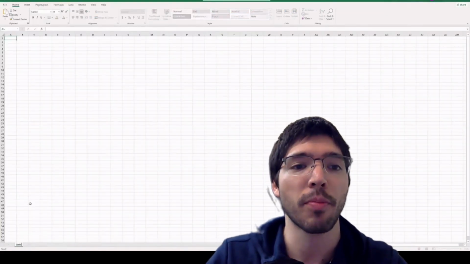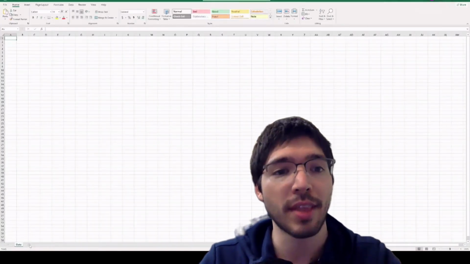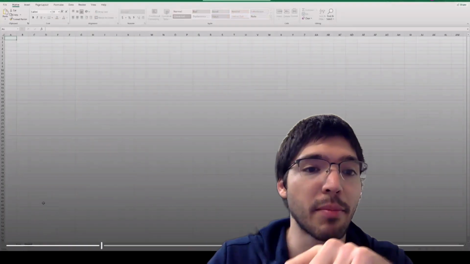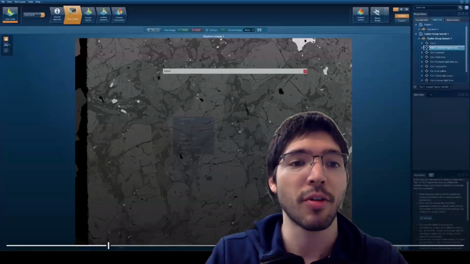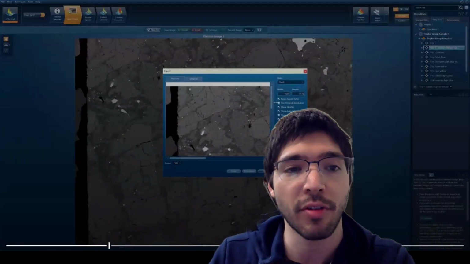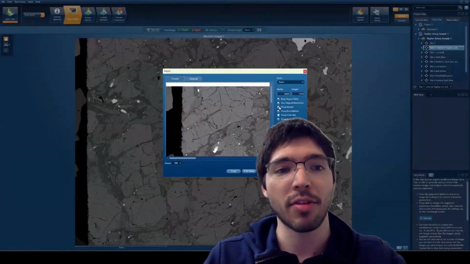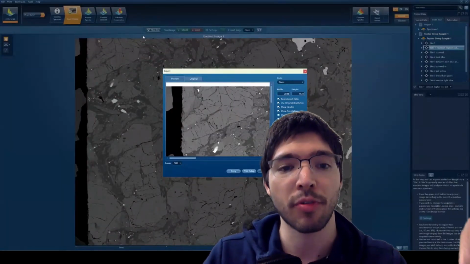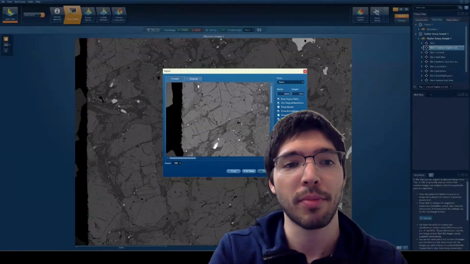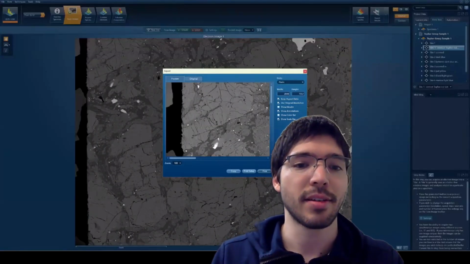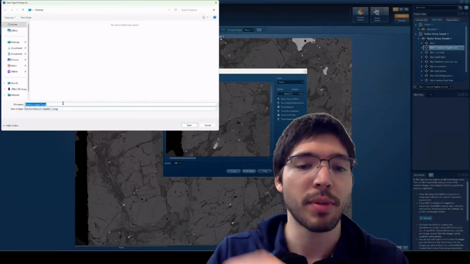X-rays are produced as a byproduct from the material in your sample, and you can use that as a proxy for getting the chemical composition of different things in your sample, wherever the electron beam is interacting with it. So if I'm looking at that olivine grain and I just want to pick up the X-rays coming from that small region, I can make a spectrum rectangle and pick up chemical data from that particular part, and then it'll give me that data. That's exactly where spectrum one was taken, from an olivine grain.